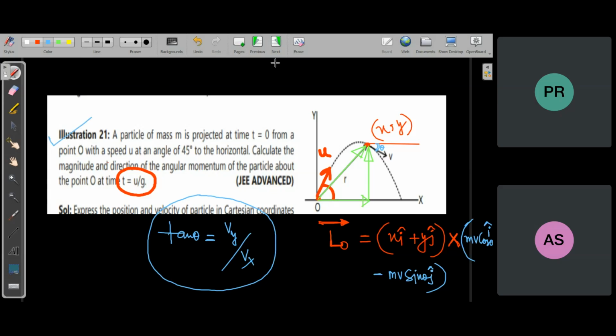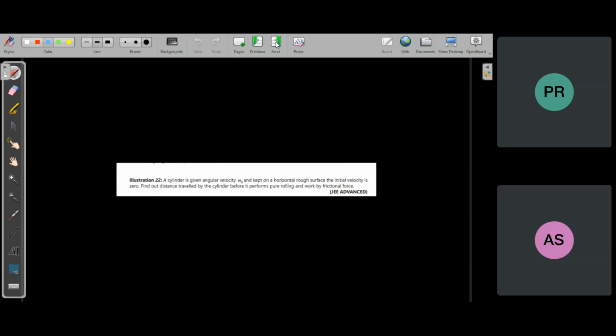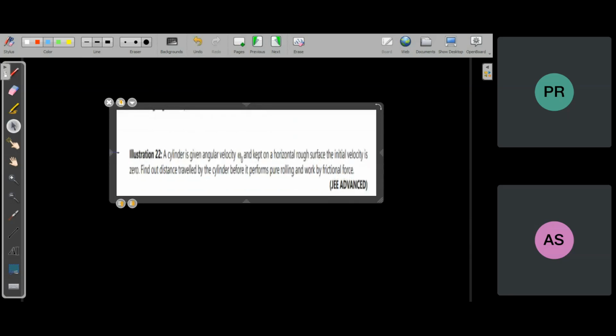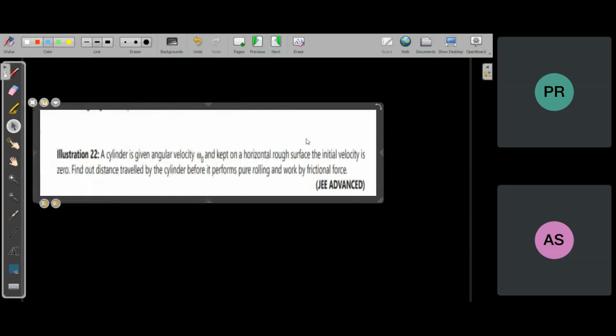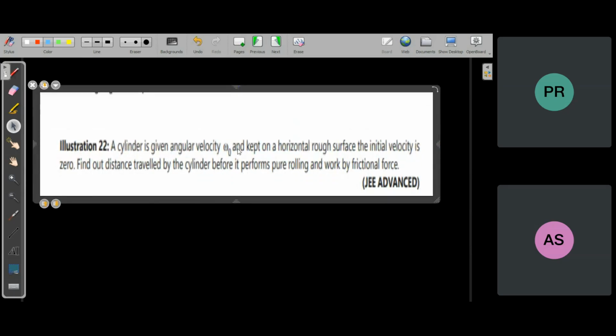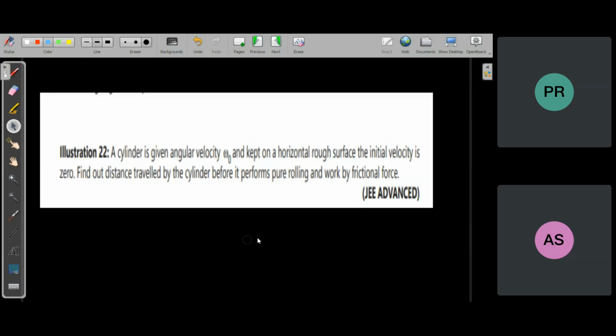Here if you have any doubt you can ask. Sir, no doubt, sir. Okay, so if you have no doubt, then try this question. A cylinder is given. Do it fast, draw a diagram according to the question, and then try to do it.